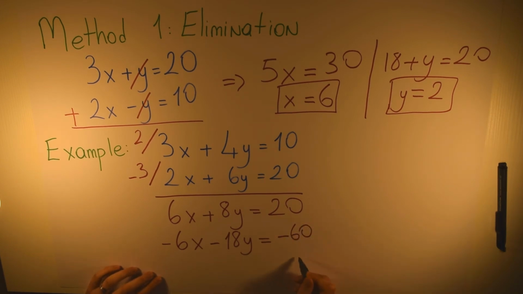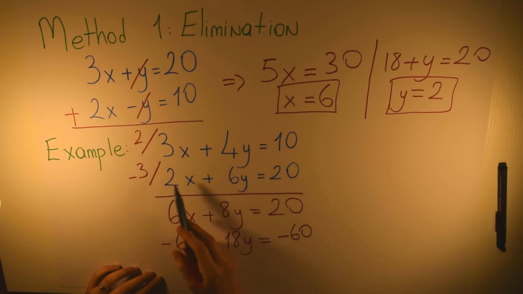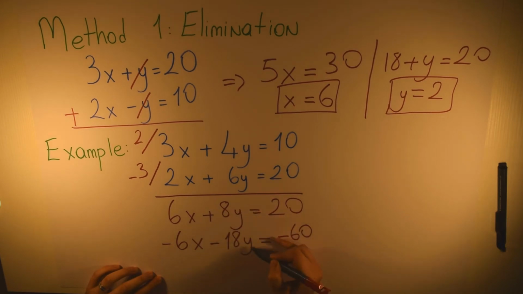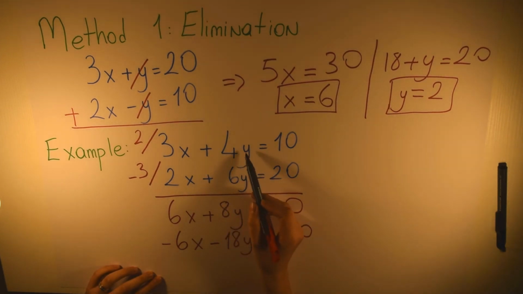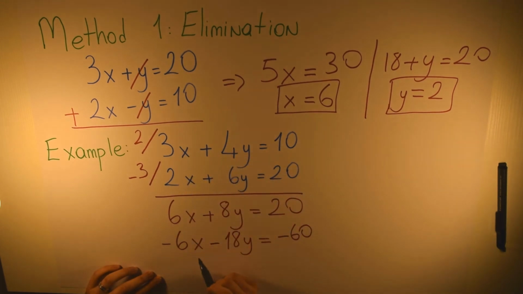So as you can see here, we have 6x, we have minus 6x, we have plus 8y, and we have minus 18y. So when I multiply these equations by these numbers, I can cancel out the x unknown, and I can only get y. After finding y, I will put y in one of these equations, and then I will be able to find x.